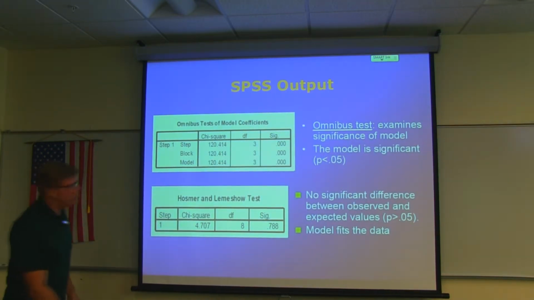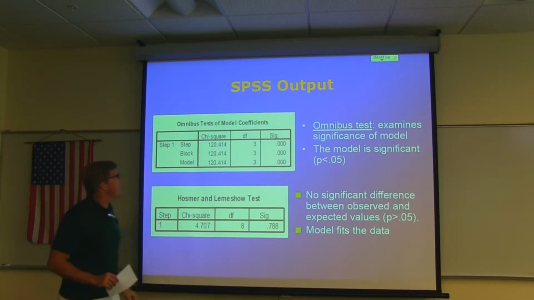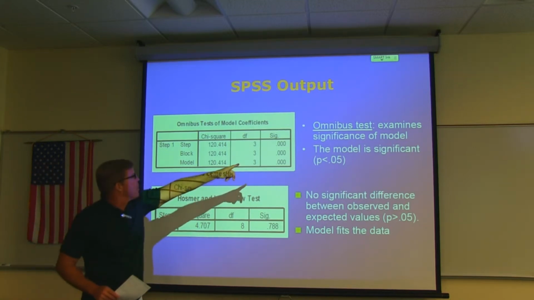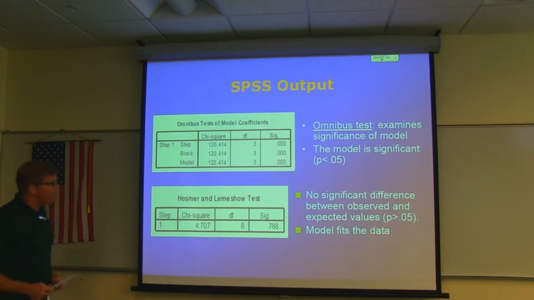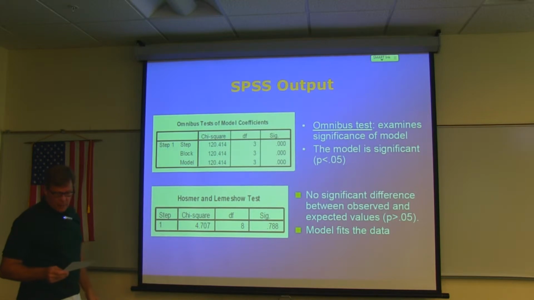Now we have a couple of chi-squares, all right? The first chi-square is actually a chi-square test of independence. They don't tell us that, though. They refer to it as the omnibus test of model coefficients. It examines the significance of the model. And this model is indeed significant at alpha 0.05, so p is less than 0.05. This particular test of independence indicates the relationship between the predictors and the predicted.